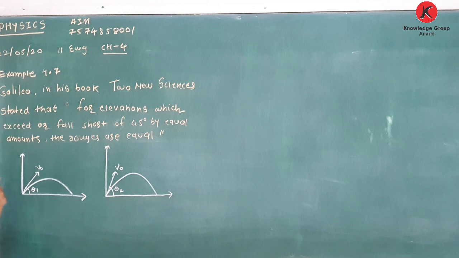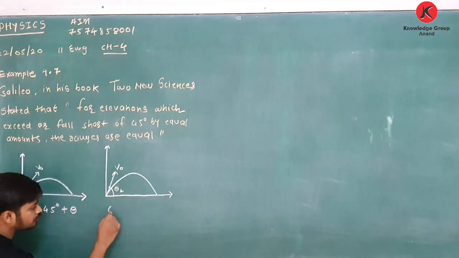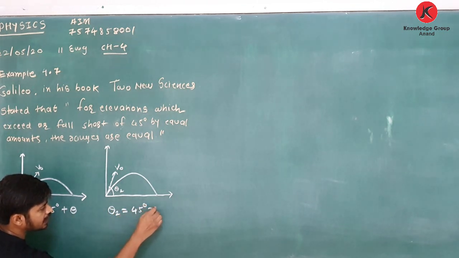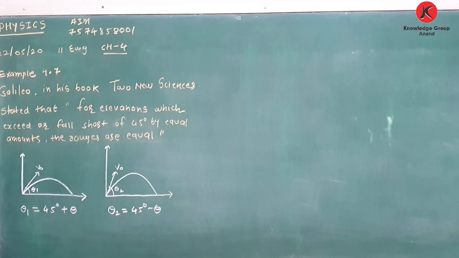Now, for elevations which exceed or fall short of 45 degrees by equal amounts, here I am assuming theta 1 is equal to 45 degrees plus theta, and theta 2 is equal to 45 degrees minus theta. Clear about this? So now understand this statement.